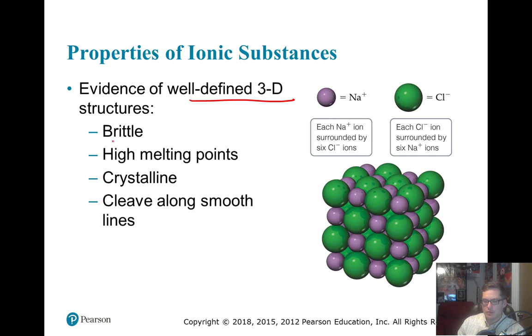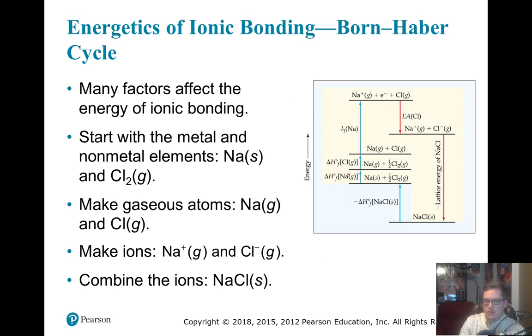They're usually very brittle. They have high melting points. This ionic attraction, this ionic intermolecular force, is very, very strong, so it's hard to break. They're crystalline, and they cleave along smooth lines. So if you break a sodium chloride crystal, you'll usually get a nice smooth line right along the edge of this crystal structure.